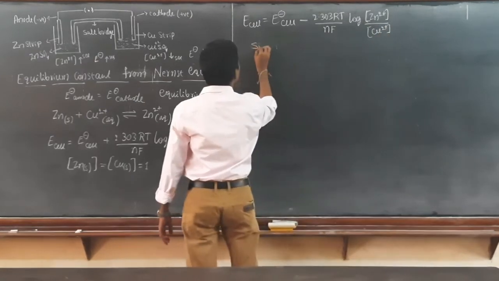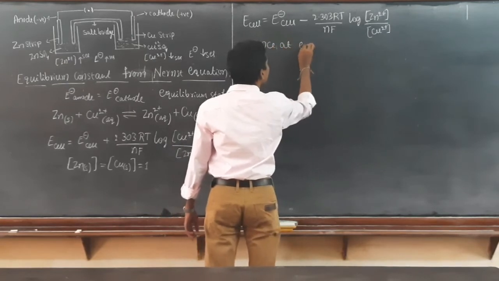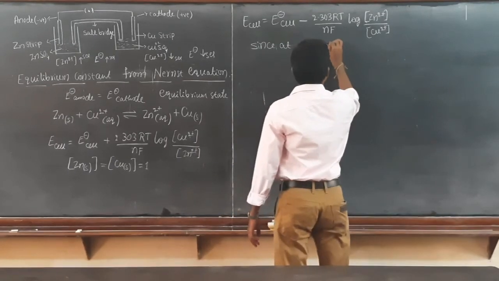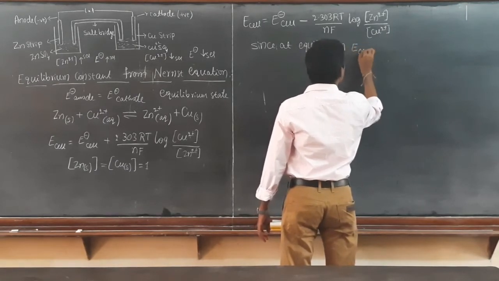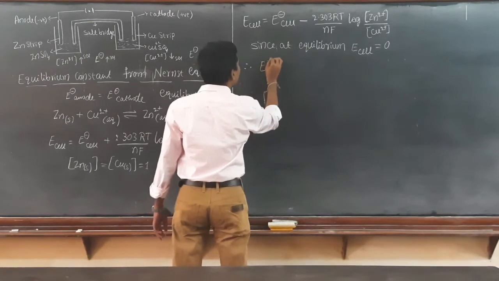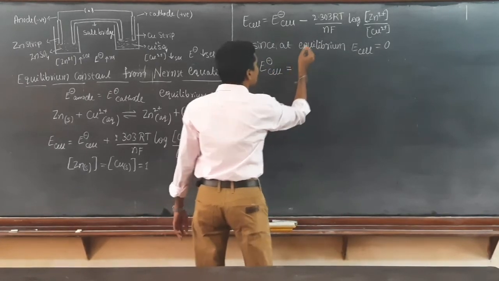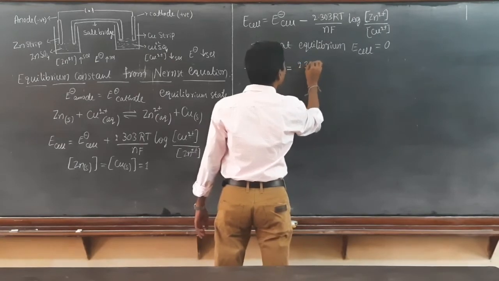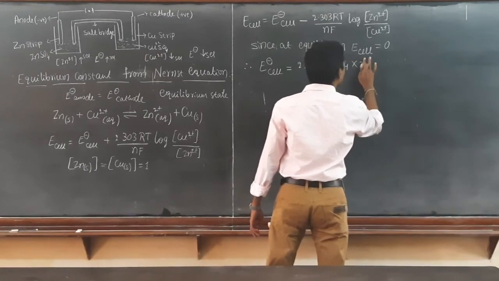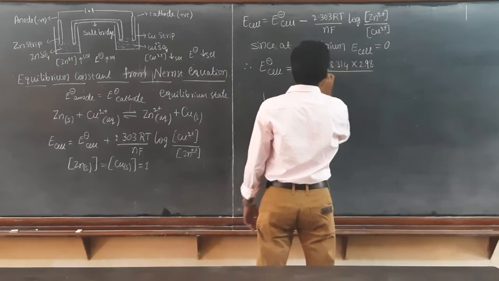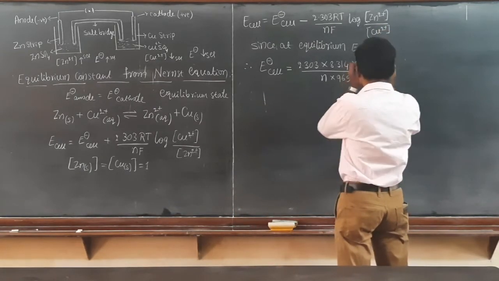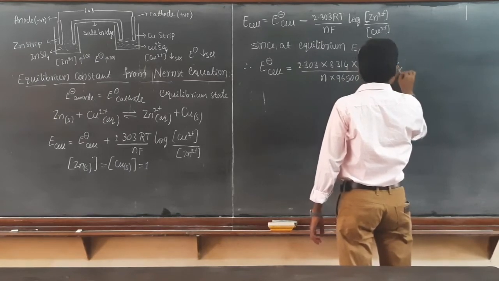Since at equilibrium E cell is equal to 0, E naught of the cell equals 2.303 times R, the gas constant 8.314, times temperature 298, divided by n times F, which is 96,500 coulombs, times log Kc.